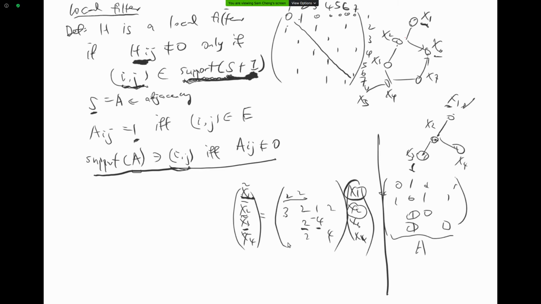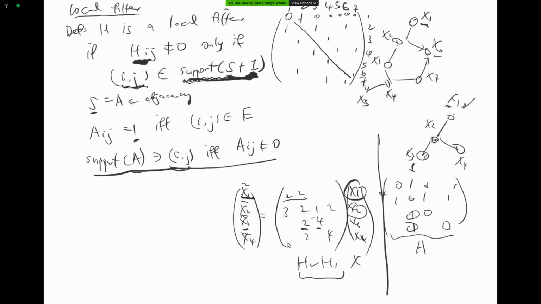So that's a local filter. And of course, if we only restrict ourselves to local filters, it's very limited. So an immediate extension will be simply applying this local filter multiple times. Let's say I have a local filter H1, then I have local filter H2. So I have a cascade of local filters.